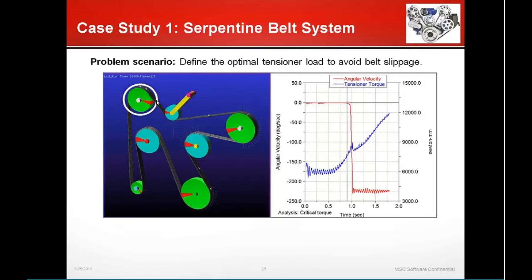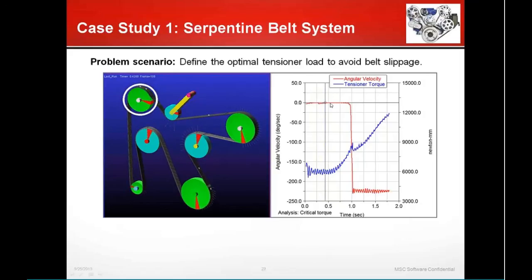What we are trying to do is change the angle of this tensioner pulley so that when the system loading reaches a critical point, this pulley starts to pick up and rotate. If you take a look at the plot on the right-hand side, throughout the whole analysis the tensioner torque is increasing gradually, and when it reaches a certain point, the angular velocity of the pulley in the white circle starts to show up.